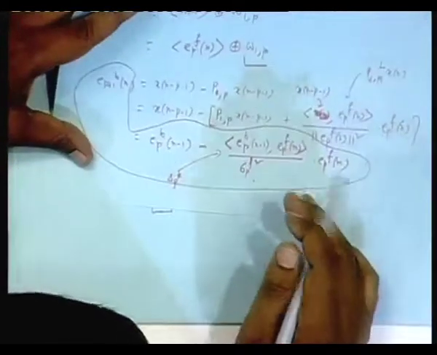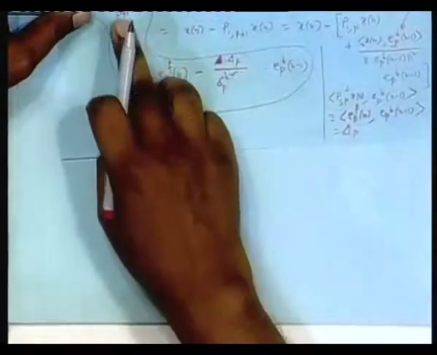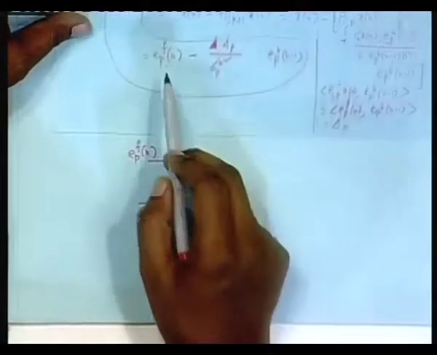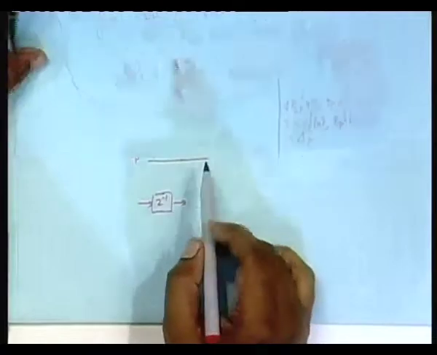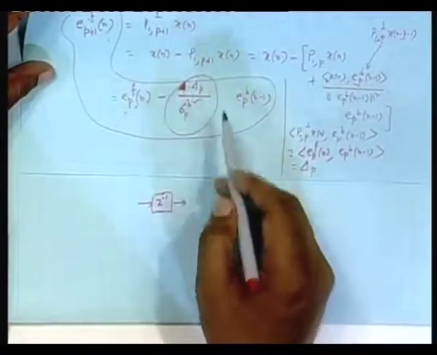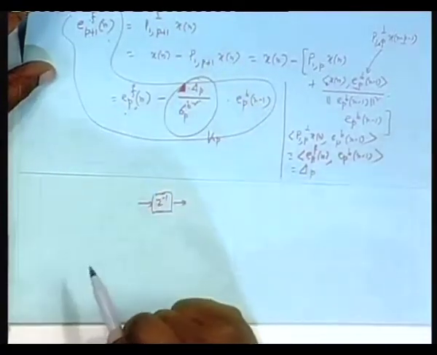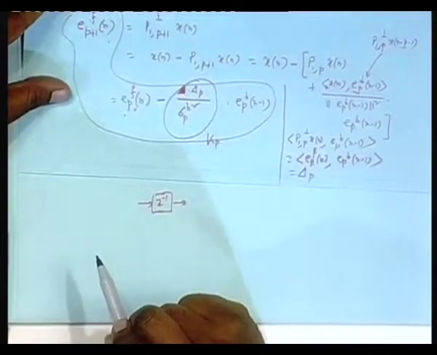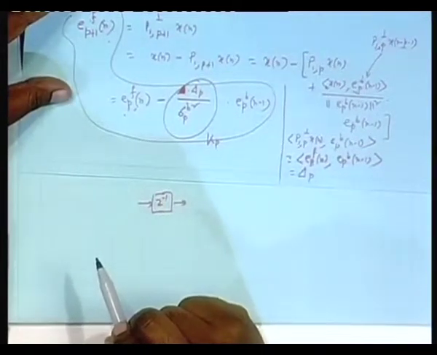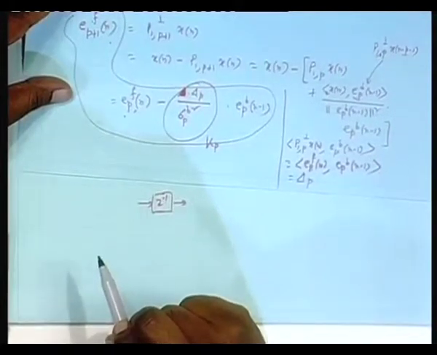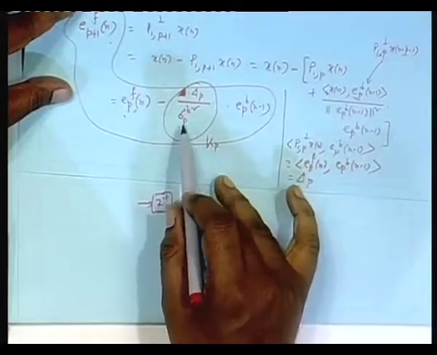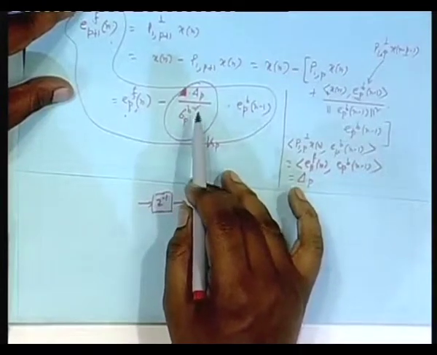Anyway, so first start with this one, forward prediction of p plus 1th order. It takes EPFN minus a quantity, and this whole quantity I will call Kp. Kp is called the reflection coefficient. The denominator is real, the numerator is in general complex.